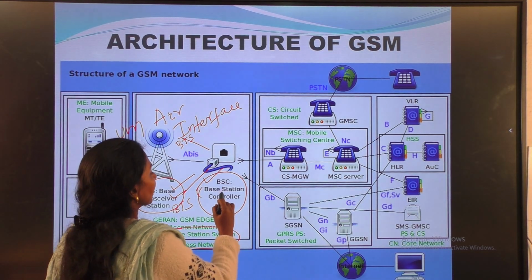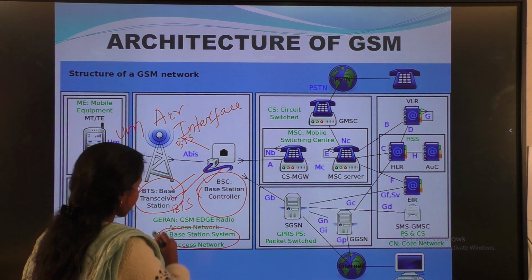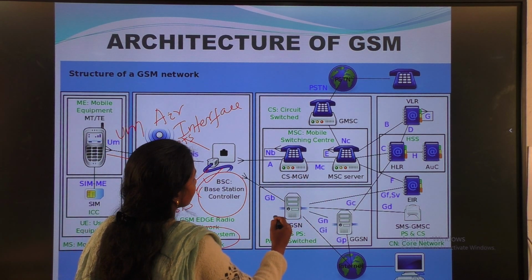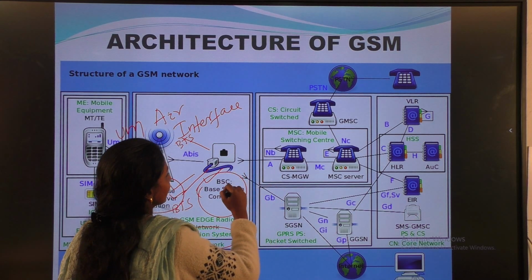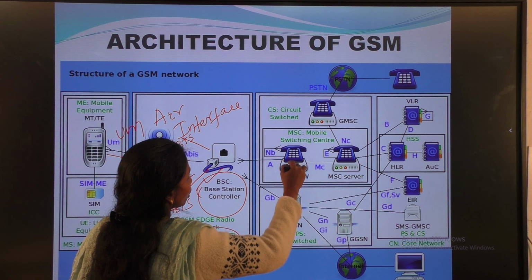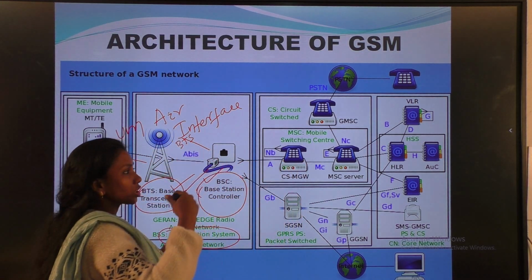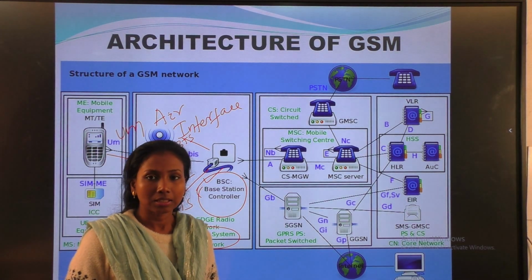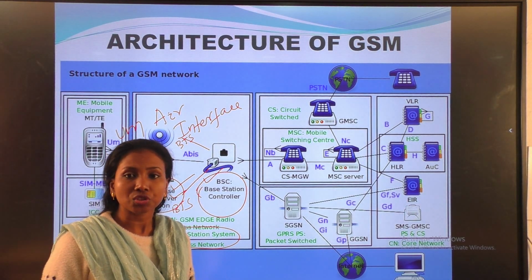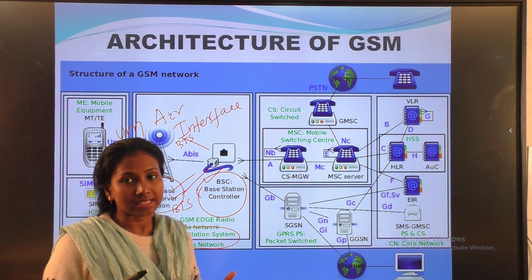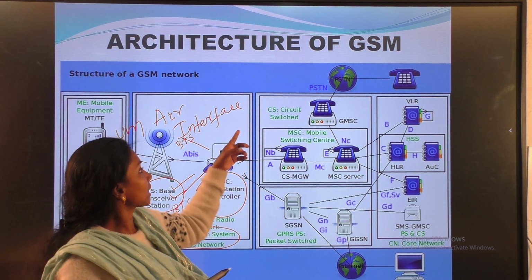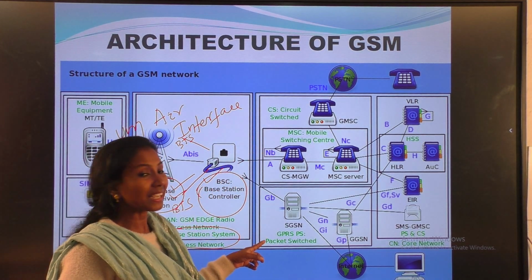Next, see this base station controller or base station subsystem is connected with this network. Okay, that is, this BSC is connected with the mobile service switching center. Okay, so here two things can happen. One is you are using your devices for calling purpose, or you can use your devices when you are accessing the data service. So for that reason, here you see that there is circuit switch and packet switch.